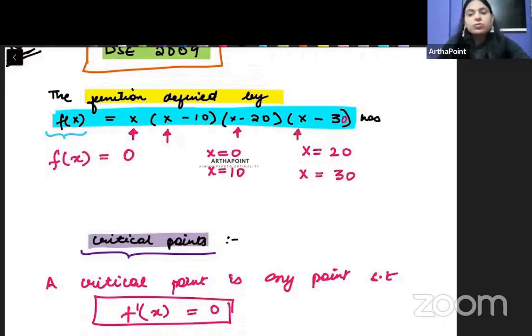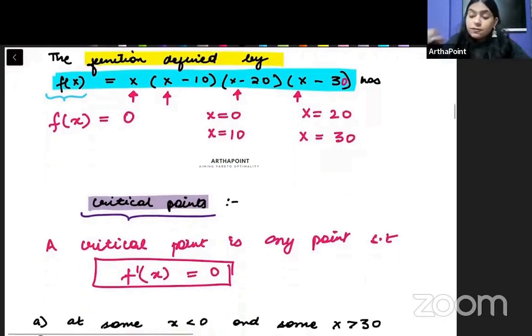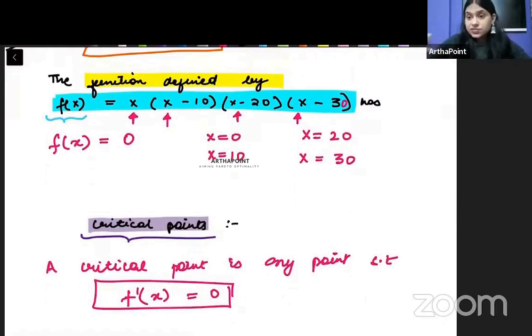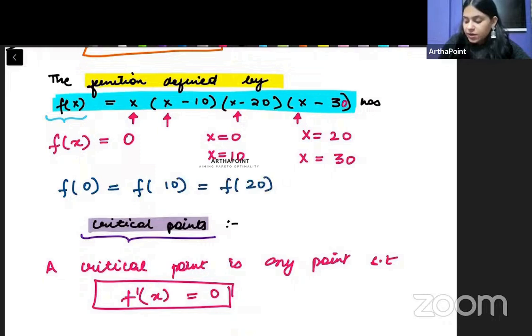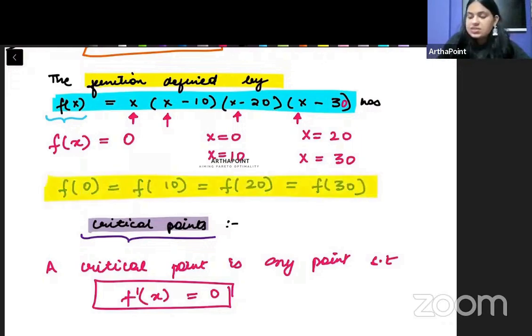So one thing that I can see about this function, ये बहुत important चीज हमने देखी, is that when it is evaluated at 0, at 10, at 20, and at 30, the value of this function remains the same, and that value is simply 0.